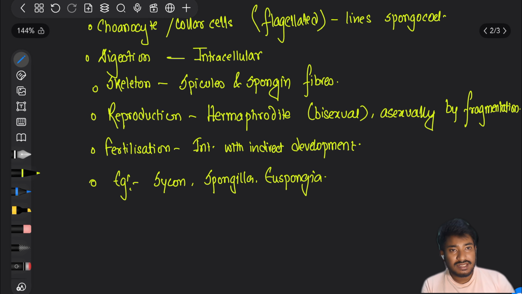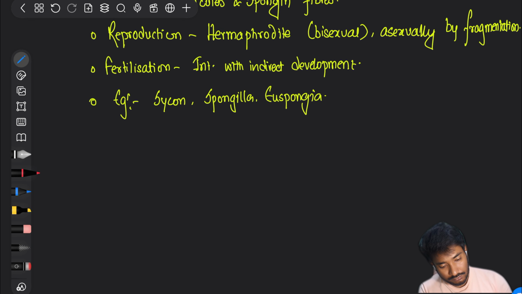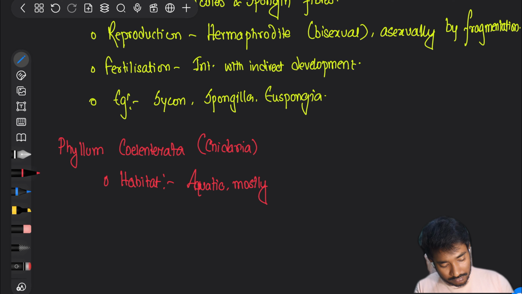Okay, now come to the phylum Coelenterata, that is the Cnidaria. Phylum Coelenterata or Cnidaria. In this case, the habitat is aquatic, mostly marine, sessile or free swimming.